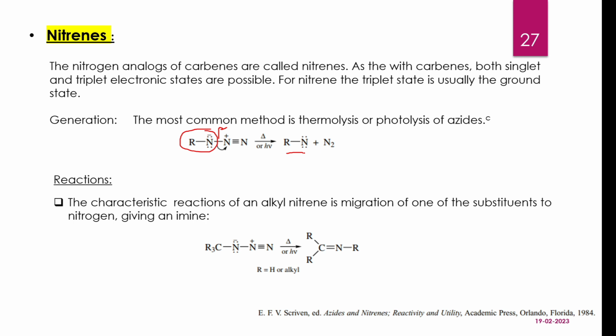One of the characteristic reactions of an alkyl nitrene is the migration of one substituent to nitrogen, giving an imine. So what is happening here? First, the nitrogen will get removed, giving us a nitrene system like this.